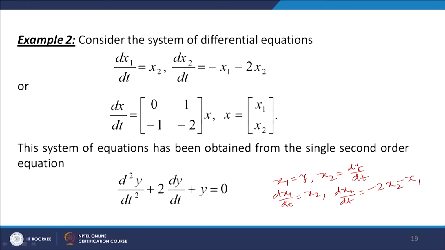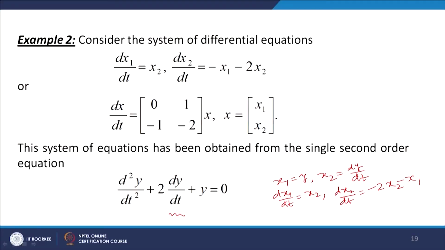So, we have dx1 by dt equal to x2, dx2 by dt is equal to minus x1 minus 2x2.